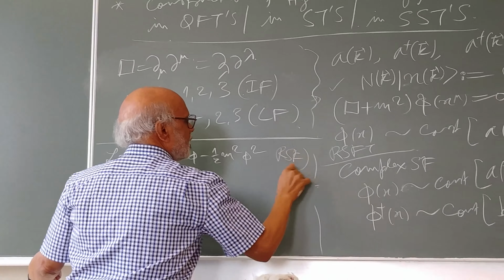So by putting the labels A and B, I can say that this set of three things, annihilation operator, creation operator, and the number operator, is for the A type of particle.